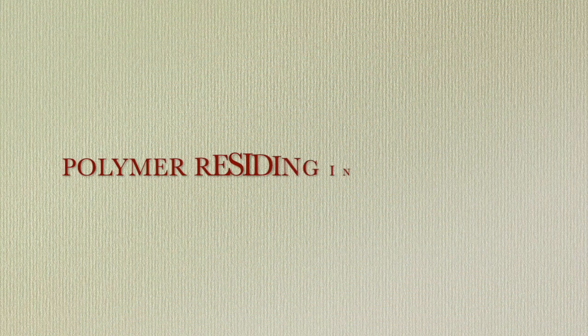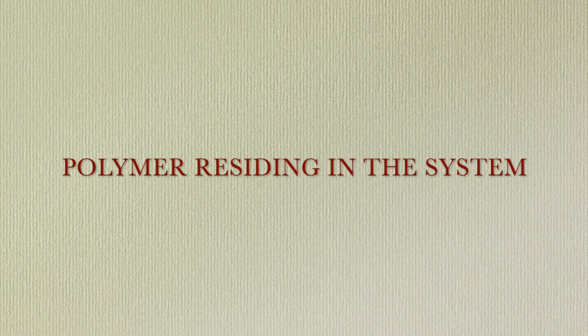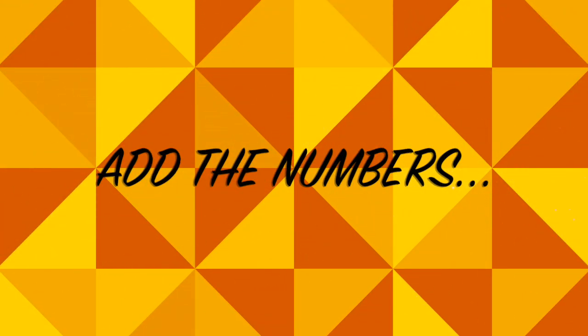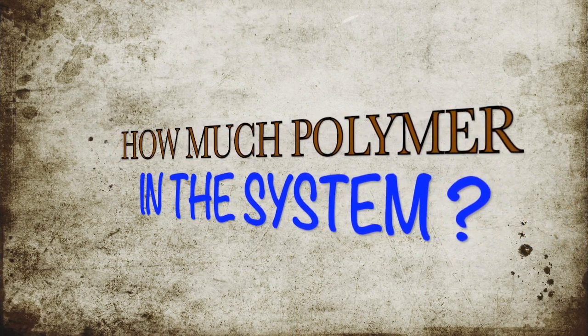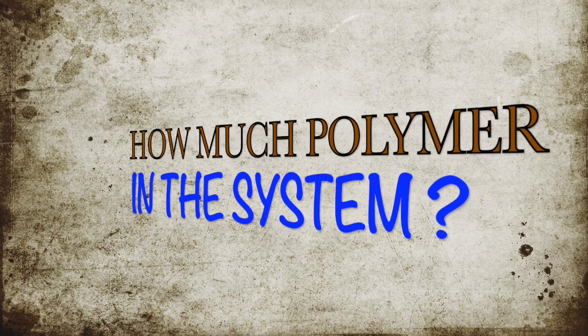Here, we'll be considering the color change activity as pertaining to the polymer residing in the system at any given instance of time. As such, we'll be just adding up the numbers and not indulge into any polymer or pigment behavior. So, how much polymer is there in the system at any given instance of time?